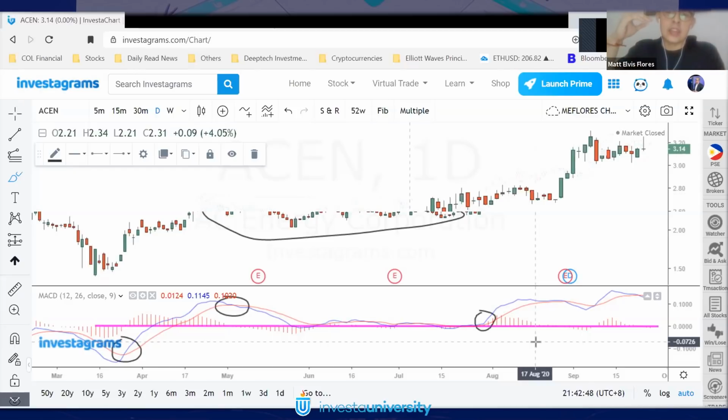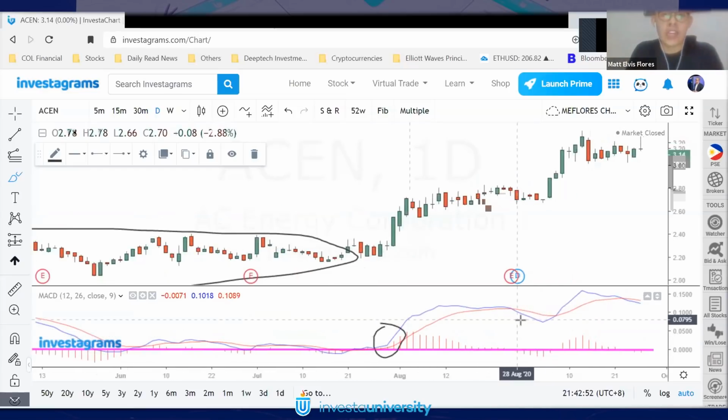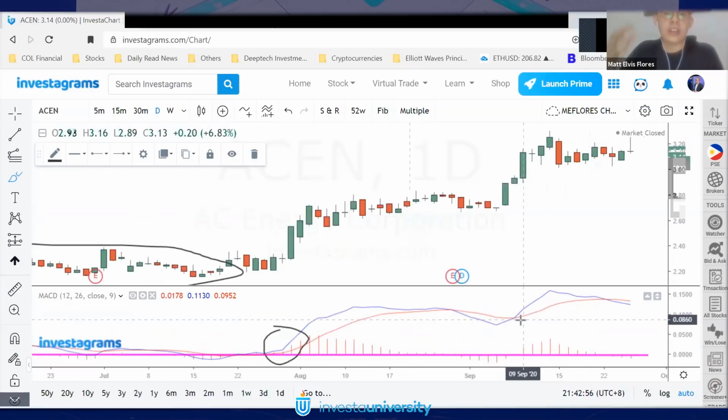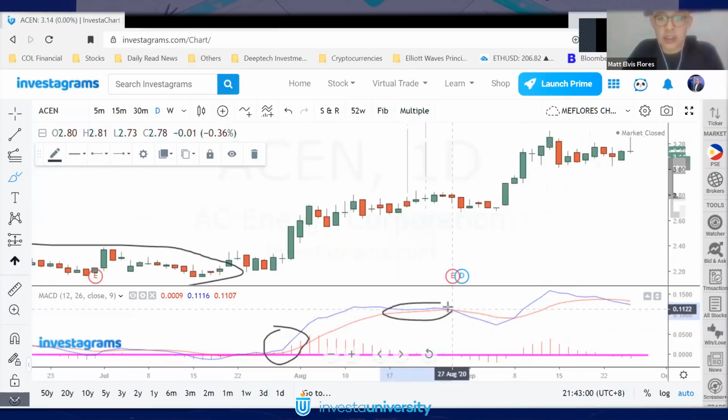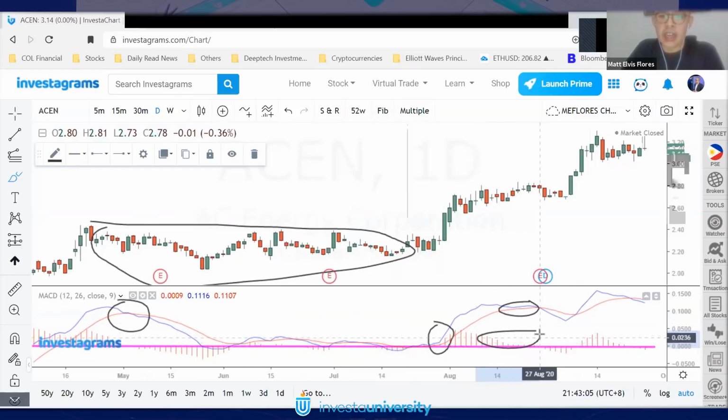Tumataas din. While once na nakita mo nag-crossover naman pababa, yung MACD line mo, yung histograms mo starting to die down. Di ba? Starting to die down, as you can see here. Yan, no? Yung histograms mo humihina na. Kasi nagko-contract na eh, lumiliit na eh. Lumiliit na yung MACD line mo pati signal line mo.